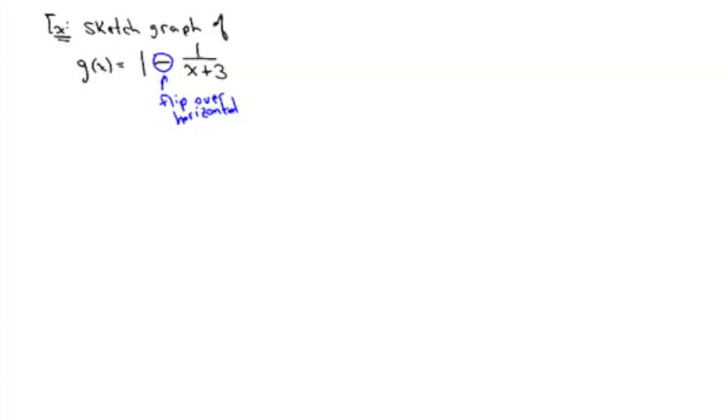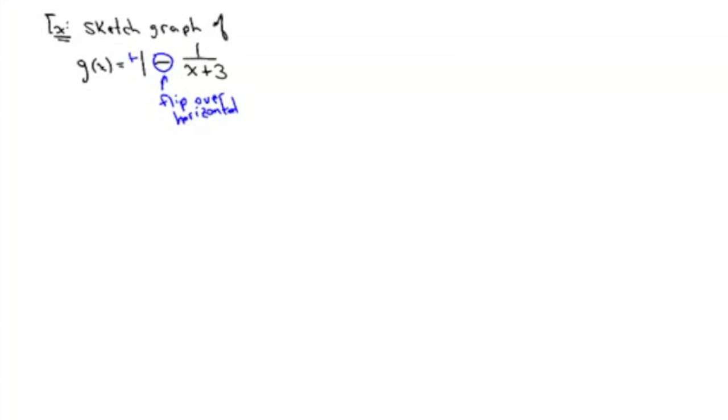Has it been that long that we've done transformations of functions? What else has happened to the graph? Take it apart one by one. What's the 1 doing here, sitting out front? 1 would do nothing for stretching because 1 times anything is itself. But this is actually plus 1 if you want to think of it that way.